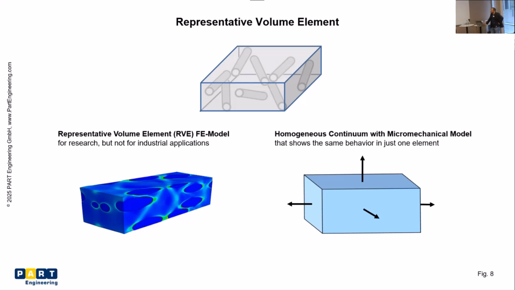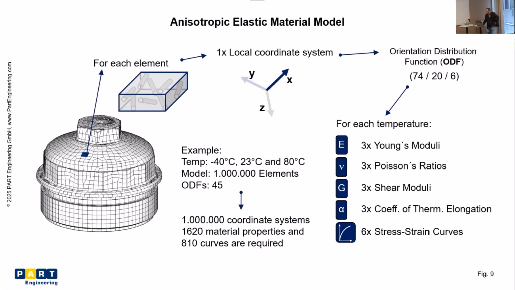But what do you need to do to assign the material properties to that one element so it acts properly in terms of fiber orientation? There are quite a lot of material properties that you need to provide. So that's why typically software is needed for that, to predict and then calibrate all the material properties needed.